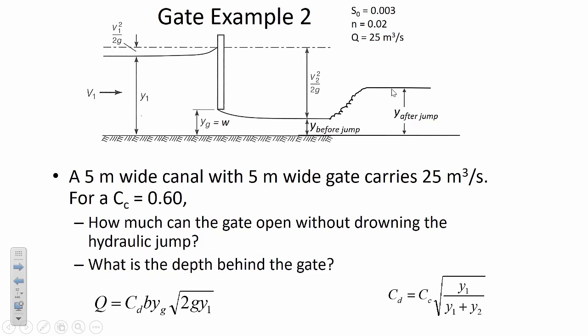Step two, find critical depth, Y sub C, and we know that Y sub C for a rectangular channel is flow per unit width squared divided by g, to the 1/3 power. And then compare Y sub C to the Y after the jump.